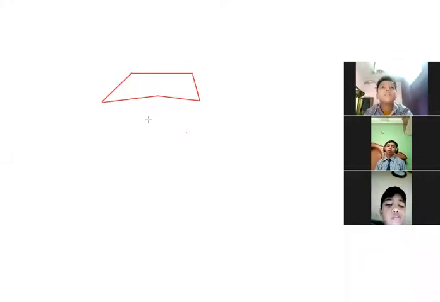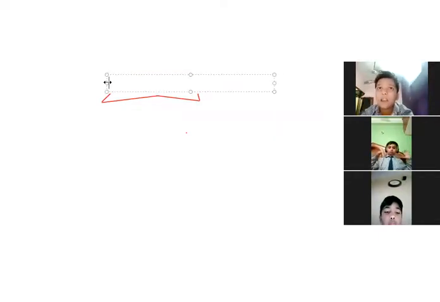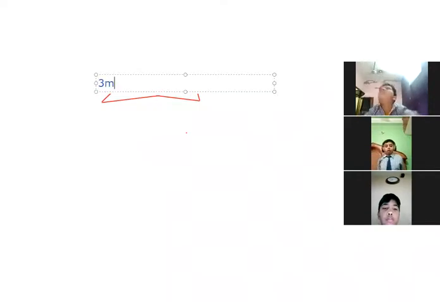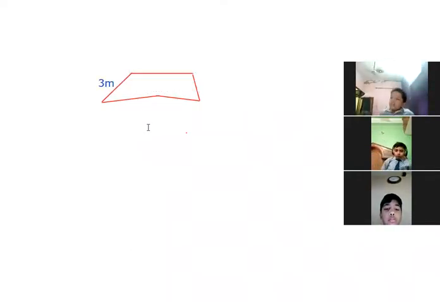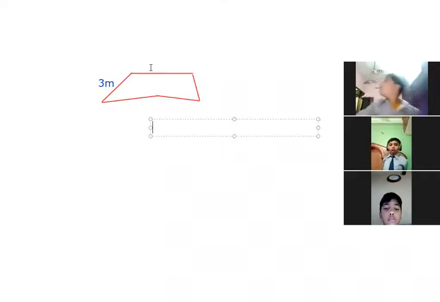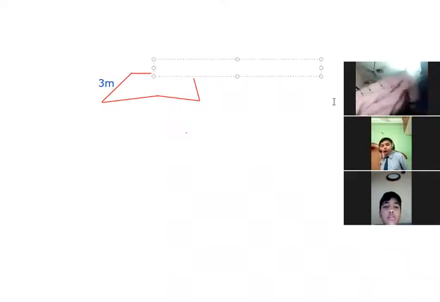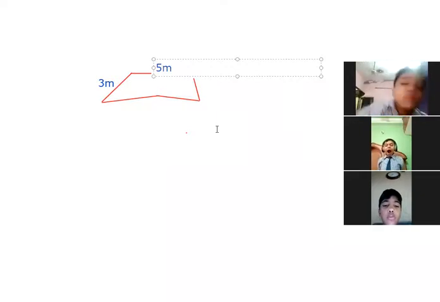Okay, now ma'am is going to write down here the exact length. Okay, beta. So here, suppose this is 3 meter. Okay, and this one is 5 meter. Okay, Arjun.